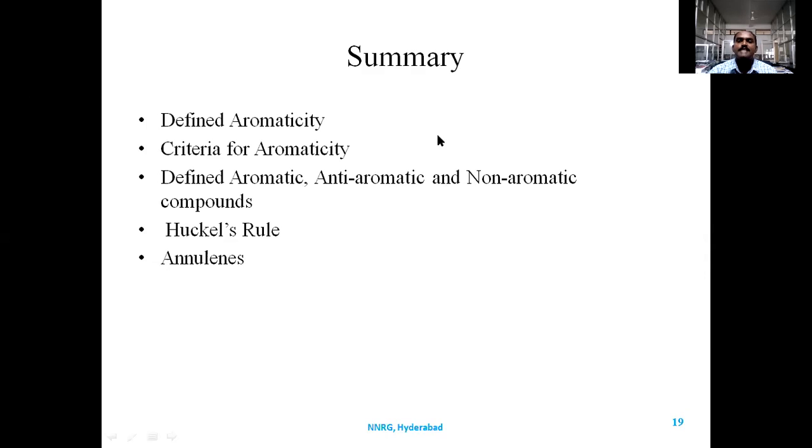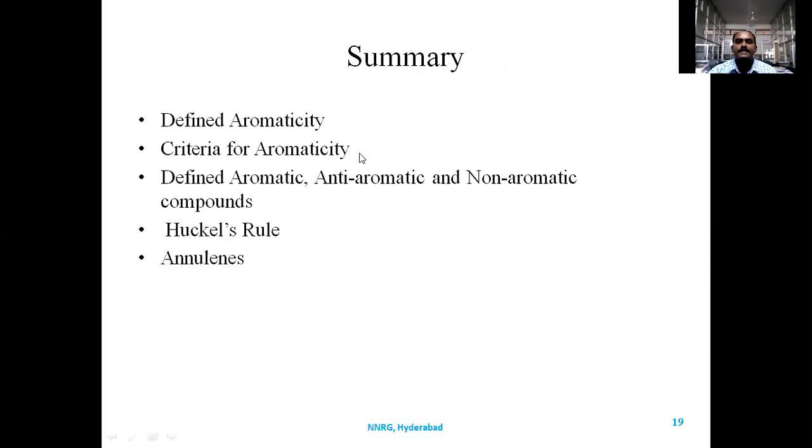So chlorine is acting as a donating group in aromatic compounds because there is delocalization of electrons in aromatic compounds. The same chlorine is acting as an electron withdrawing group in aliphatic compounds. So these two are different. The same functional group is acting differently in aromatic and aliphatic compounds.